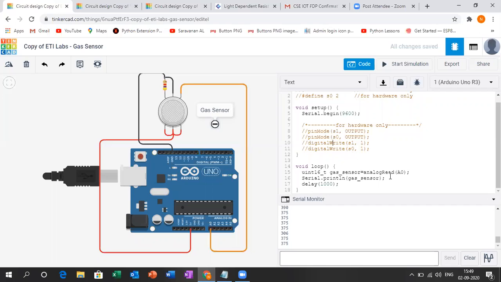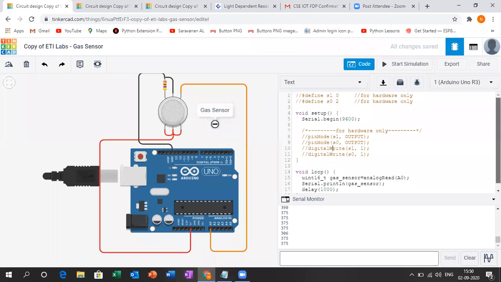Whatever value the gas sensor detects, it transmits to the analog pin, and the analog pin reads this value. After that, the Serial.println function prints this gas sensor value line by line with a 1 second delay, so that we understand what value is printing in the serial monitor.